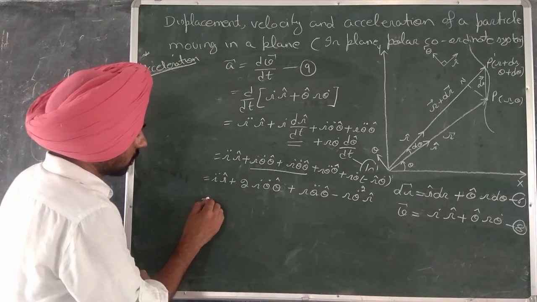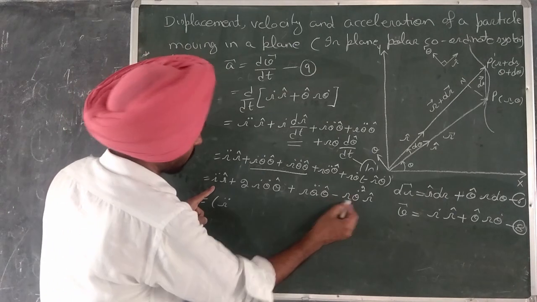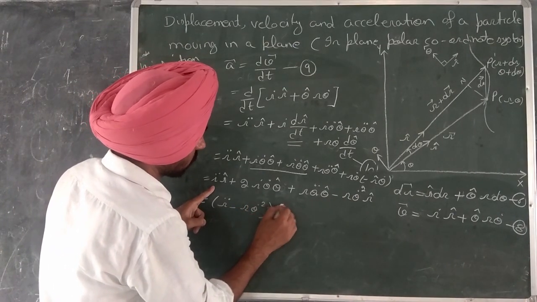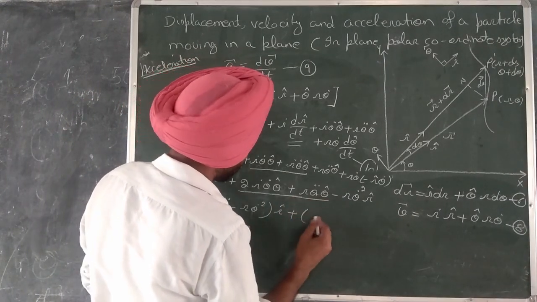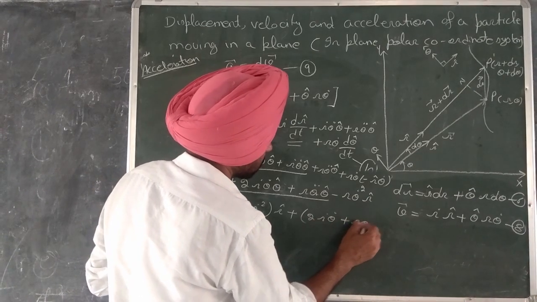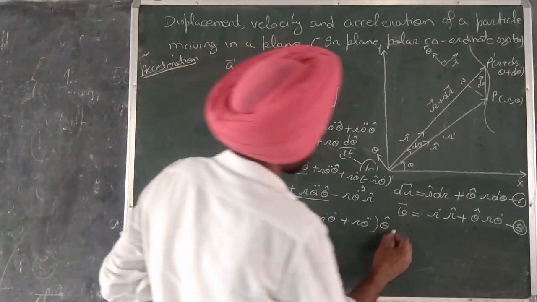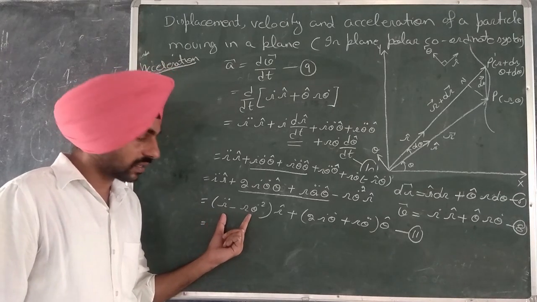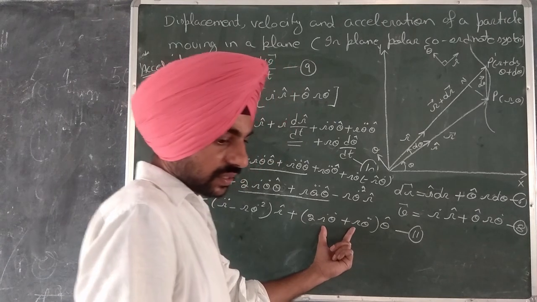So by further rearranging this equation we will get r double dot minus r theta dot square into r cap is common, and from these two terms we will get theta cap common to r dot theta dot plus r theta double dot into theta cap. So this is equation number 11. We can write it as the radial component of acceleration and the transverse component of acceleration.